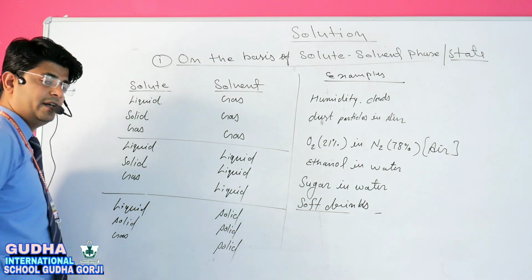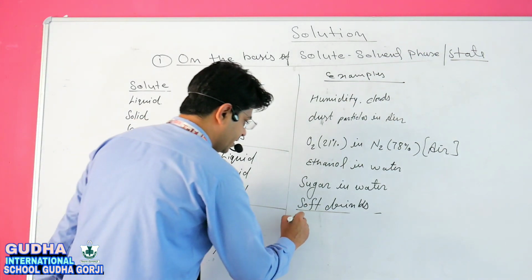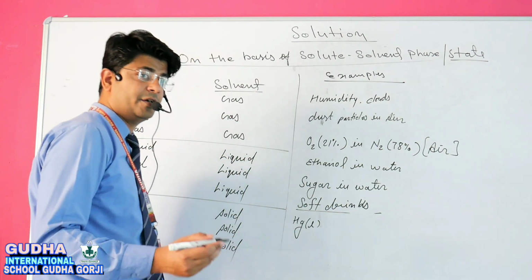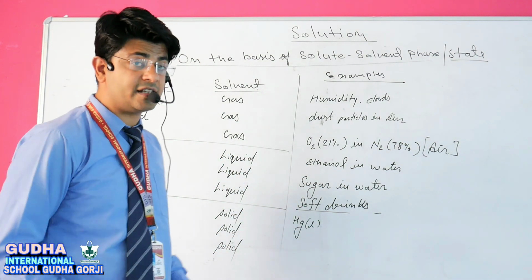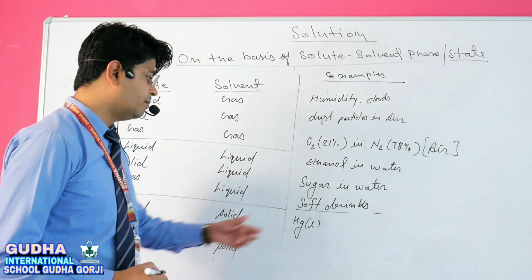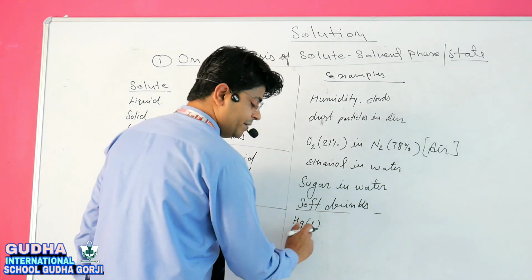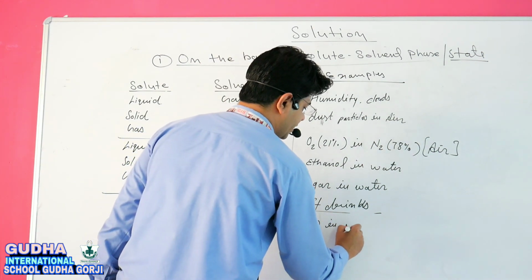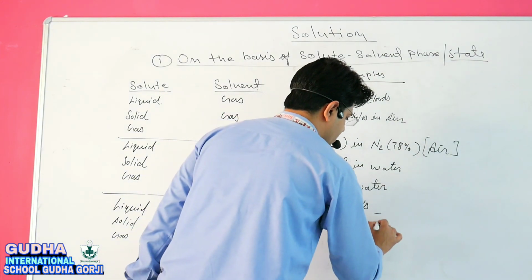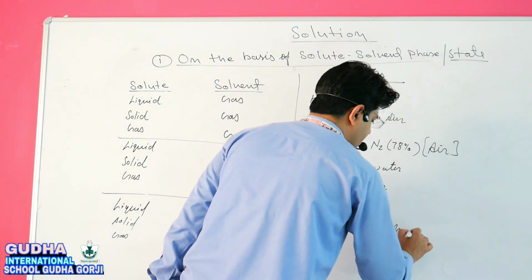Liquid in the solid: the liquid is mercury. You all know that mercury is the only metal which exists in the liquid state at normal temperature. Mercury, in the liquid state, in sodium, is also known as sodium amalgam.